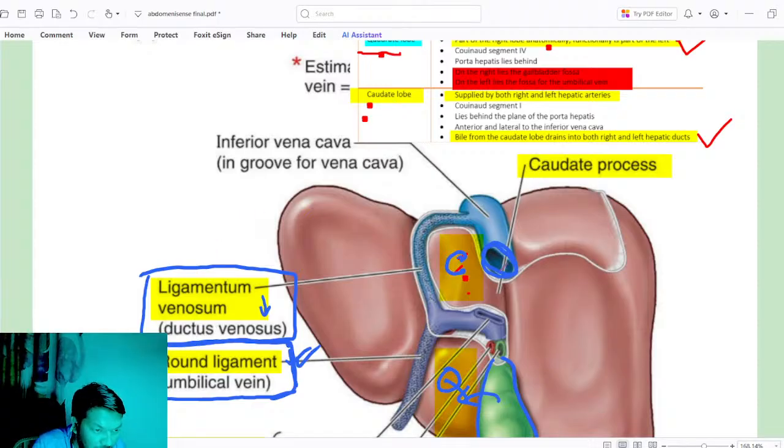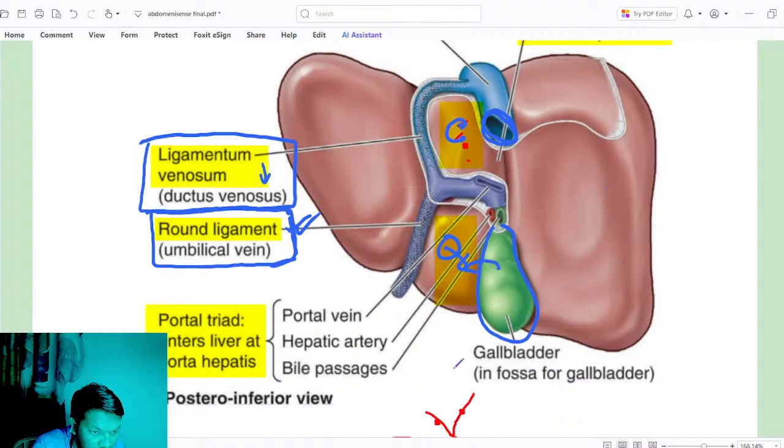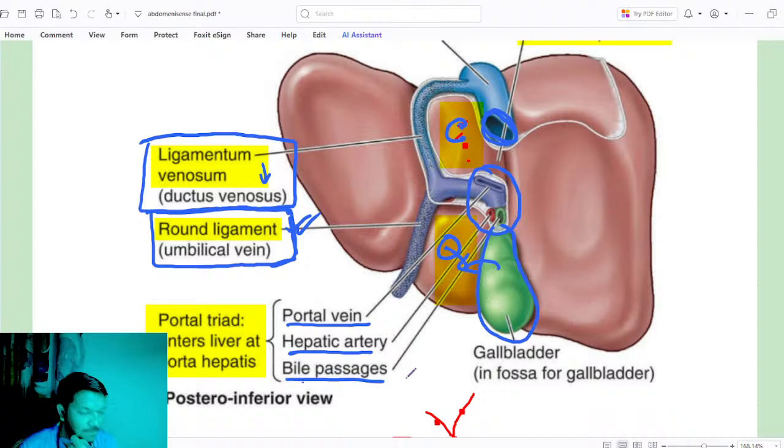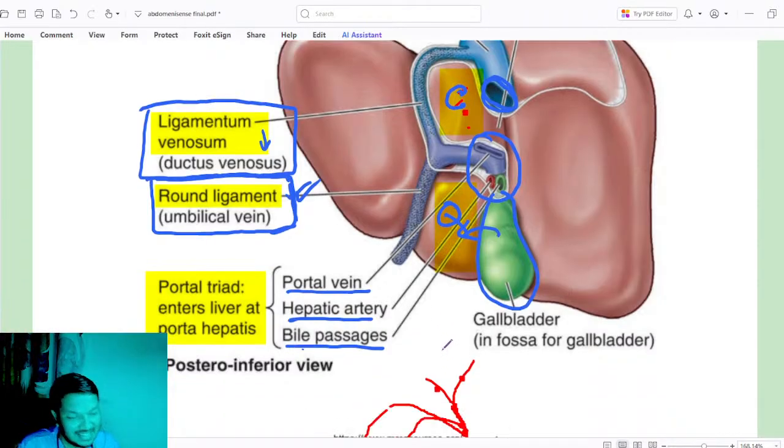Go for inferior vena cava, and this is porta hepatis. What are the structures in the porta hepatis or portal triad? Is it common bile duct? It is not common bile duct. It is bile duct.